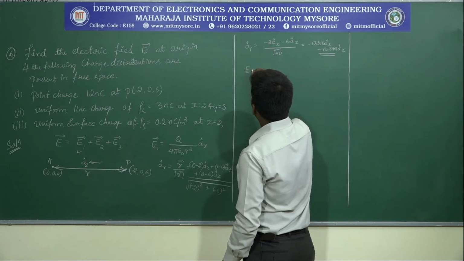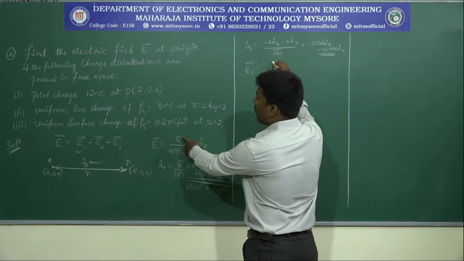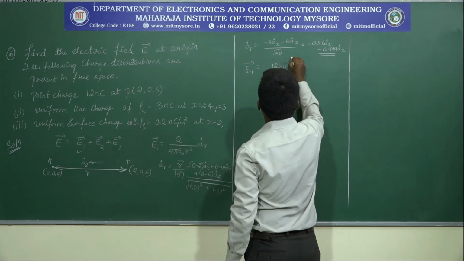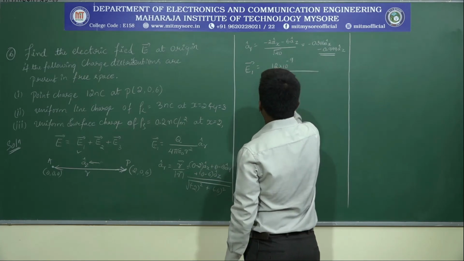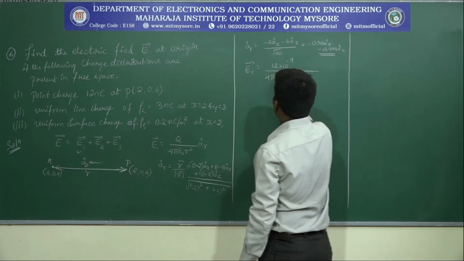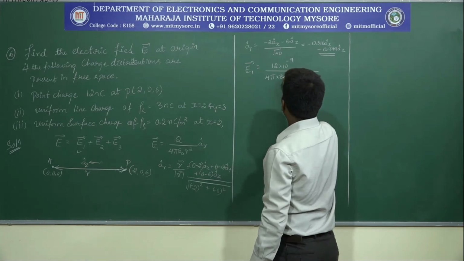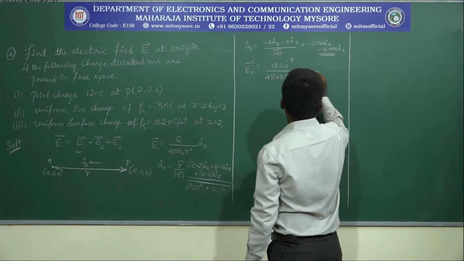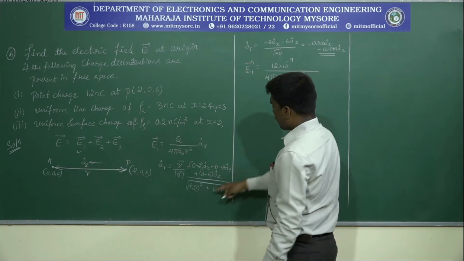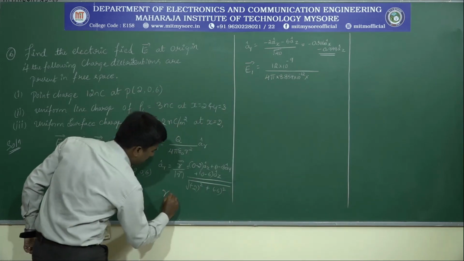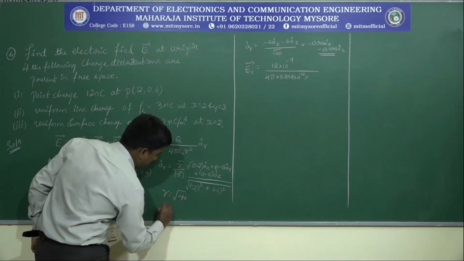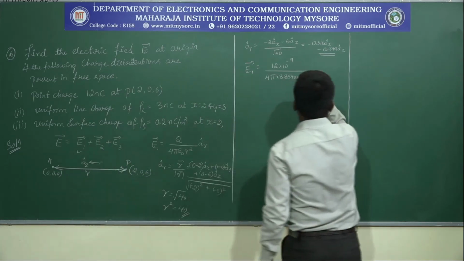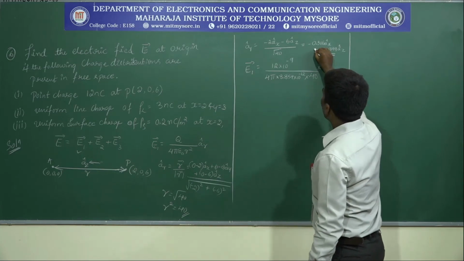Therefore, E1 becomes: the value of Q given is 12 nanocoulomb, 12 into 10 power minus 9, divided by 4 pi into the value of epsilon naught, 8.854 into 10 power minus 12, into r square. We have got r equal to root 40, so r square is equal to 40. Substitute 40 here.